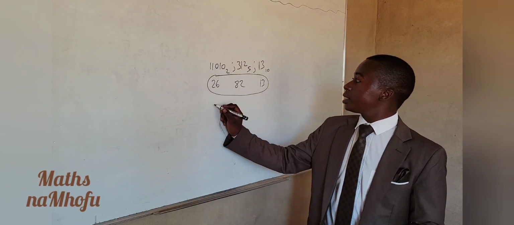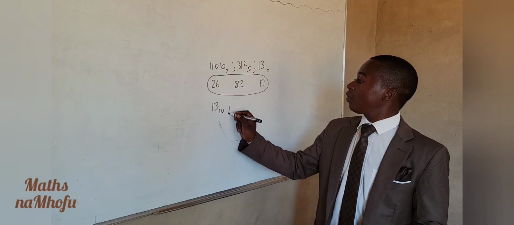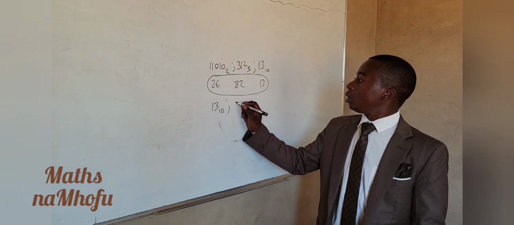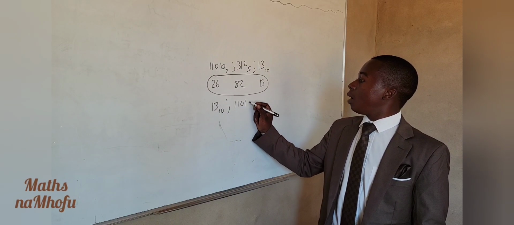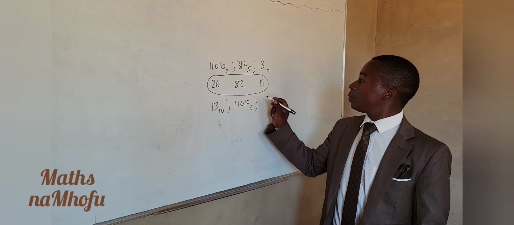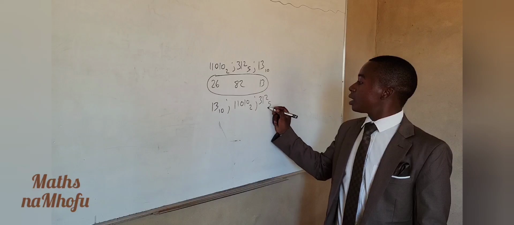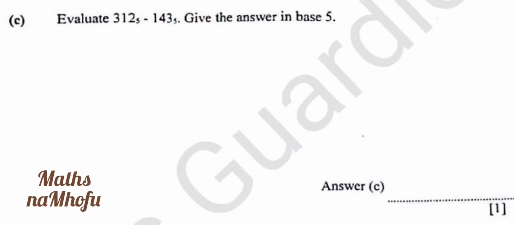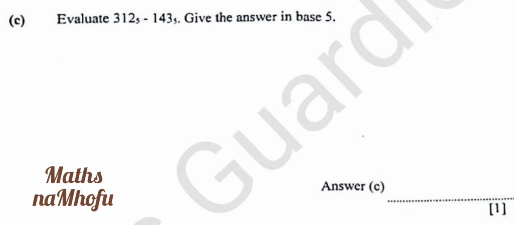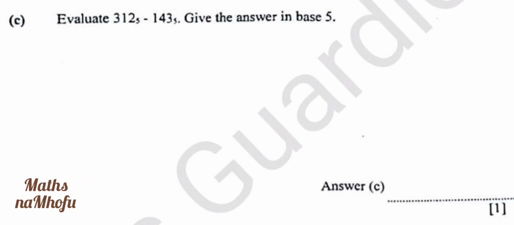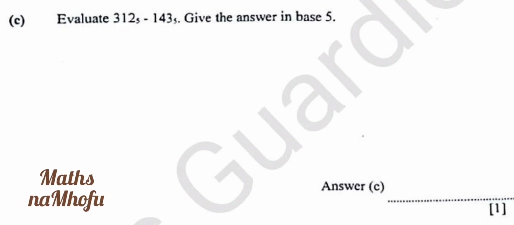So the smaller one is 13 base 10, followed by 11010 base 2, followed by 312 base 5. That's how you arrange them in ascending order. Are we together? We are now moving on. This was number 17. We're still on number 17, question C.